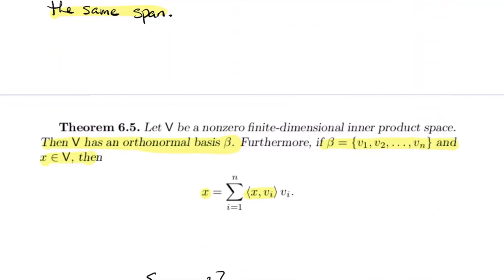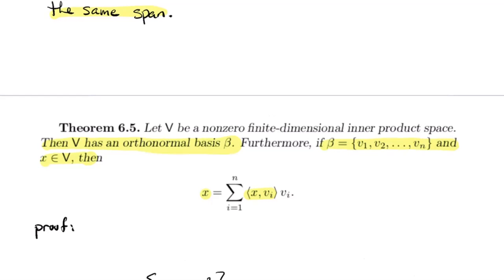So just to really quickly sketch the proof of this, apply Gram-Schmidt to an arbitrary basis. That gives you an orthogonal and hence linearly independent set with the same span. So it gives an orthogonal basis.